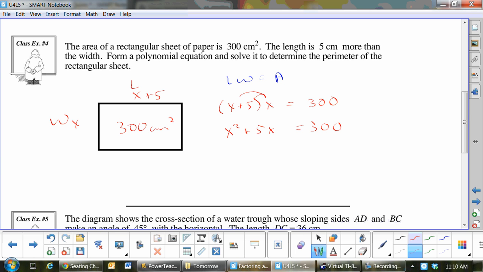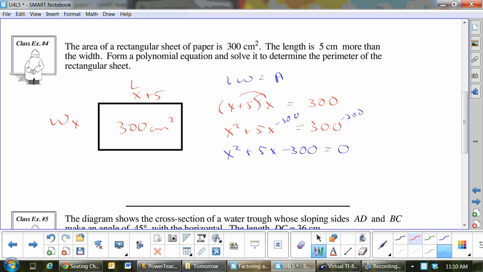Like, I get it, we're doing problems now. But how does that even relate to the stuff we did 5 minutes ago? Because all the stuff we were doing 5 minutes ago equaled 0. So how do I fit this one in the lesson? I would actually subtract 300 from both sides. And now I do have it equaling 0.